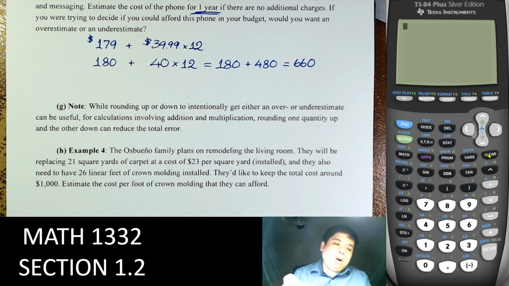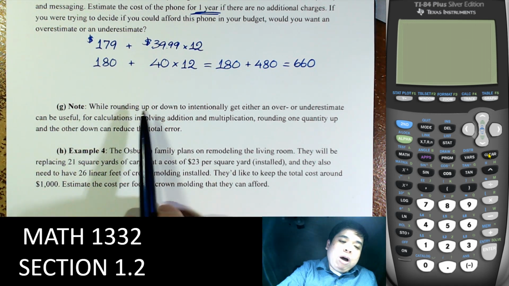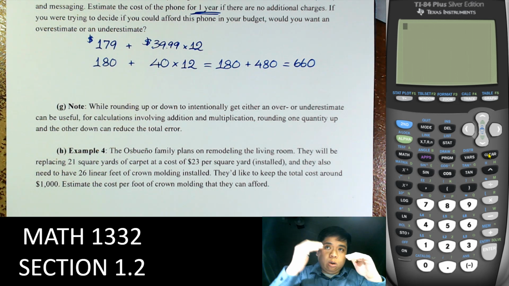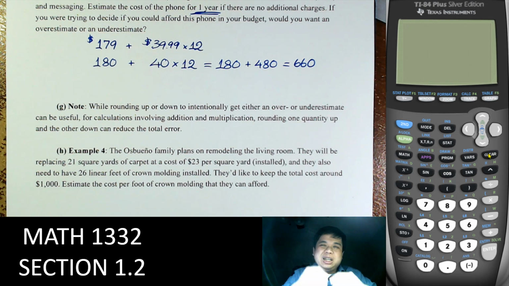Another point: while rounding up or down, we can intentionally get either an overestimate or an underestimate. For calculations with addition or multiplication, sometimes we round one up and one down, so in that case we have something in the middle.